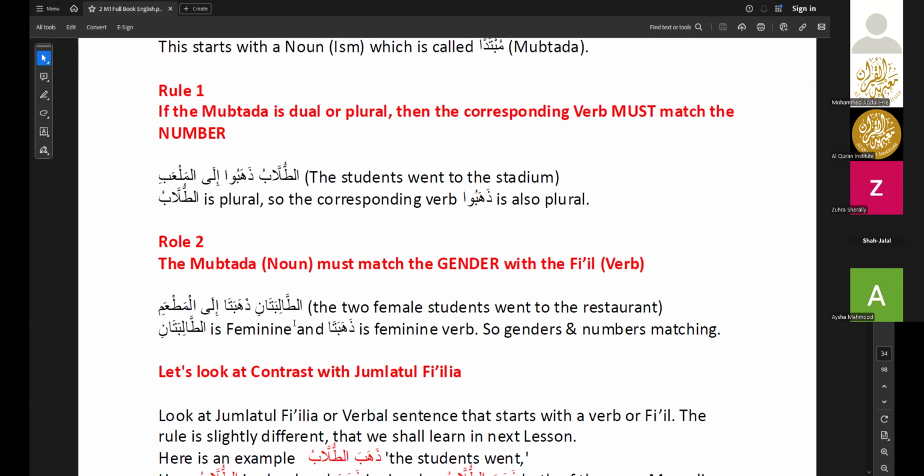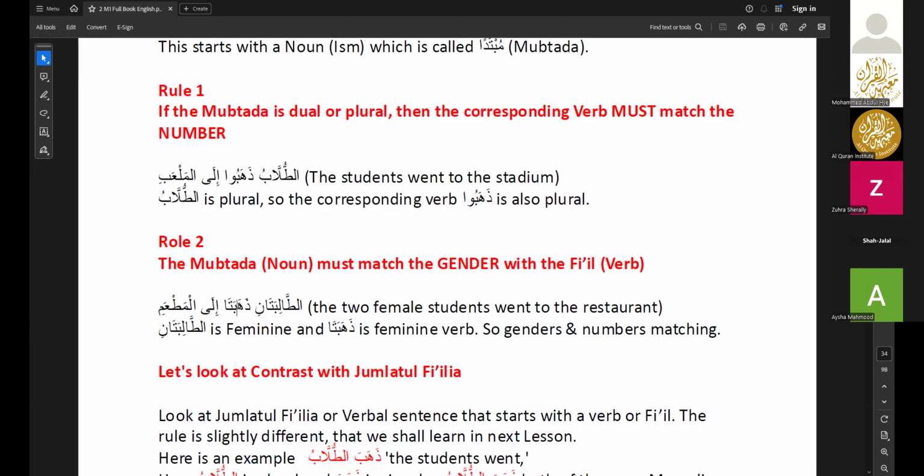For example, at-talibatani zahabata ilal mat'ami. So talibatani, and we learned ani means two. And zahabata, this is the dual form of zahaba.